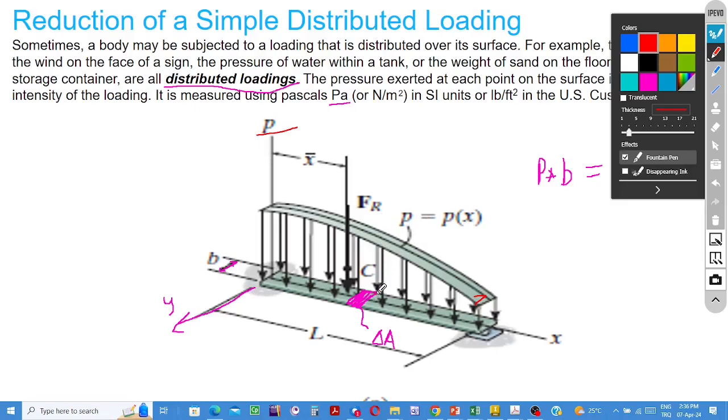So consider such a prism. It extends from the contact surface to the load curve, the pressure diagram. It is almost a rectangular prism.